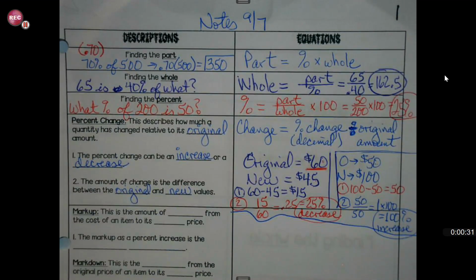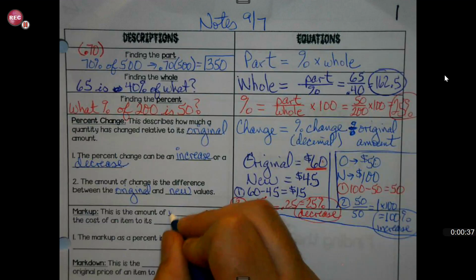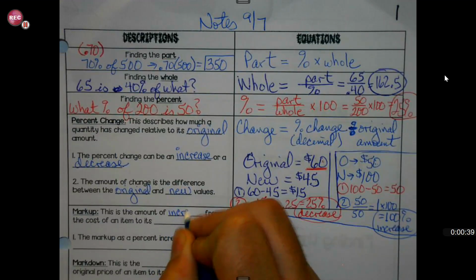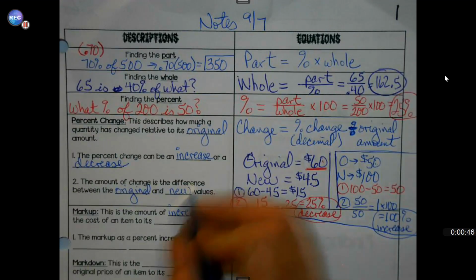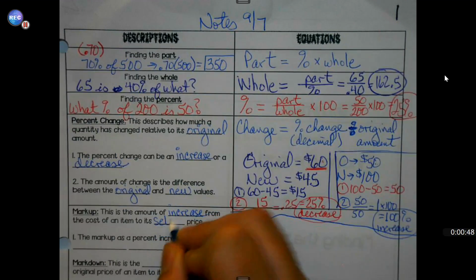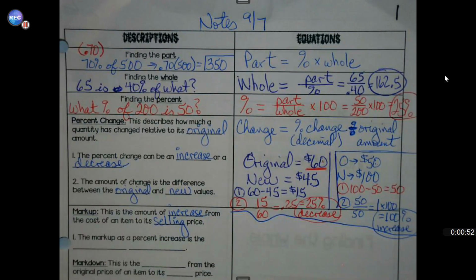So, okay, markup, markdown. If we have a markup, it's the amount of increase from the cost of an item to its selling price.